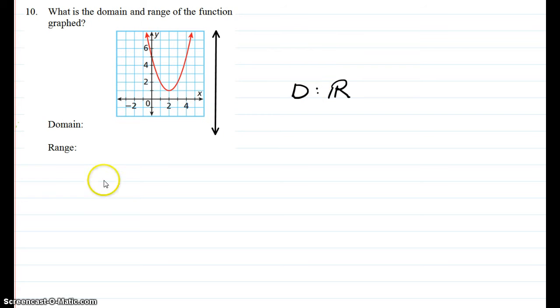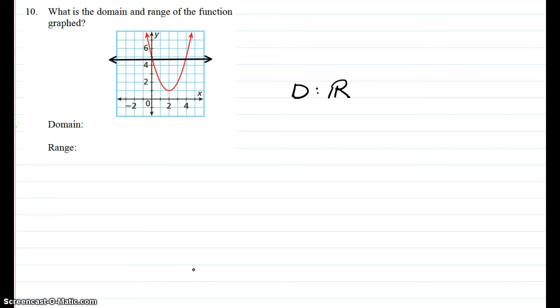Now for the range, we can do the same thing, but instead of the vertical line, we do the horizontal line, because that's what touches the y. Right now you can see that that line's not touching the parabola, and so we want to find out where the first part it touches is. The first part it touches is when y is 1, and then it continues on and touches forever.